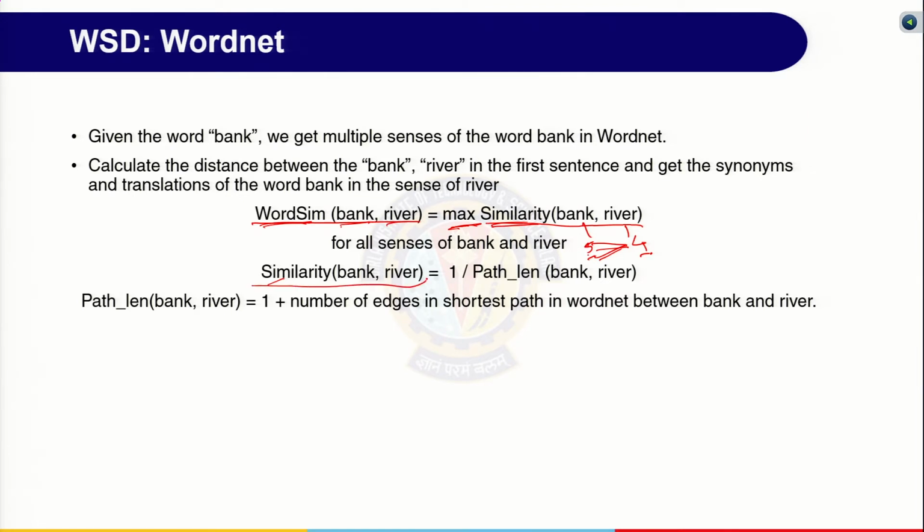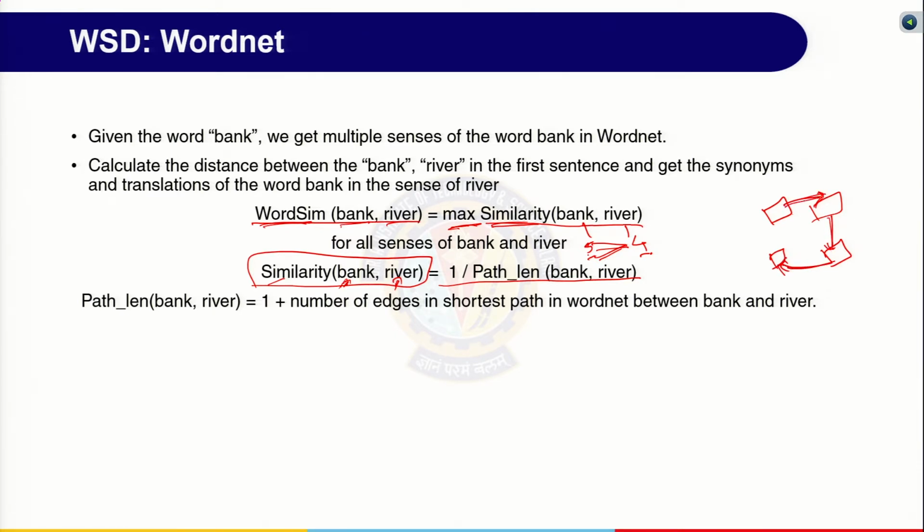The way we calculate the similarity between two words for a particular sense: let's say for the financial bank and water river, we calculate the similarity by the path length between these two words of those senses. As I said, WordNet is a big semantic net. So if you want to reach one word from another word, you can reach it by following a path.